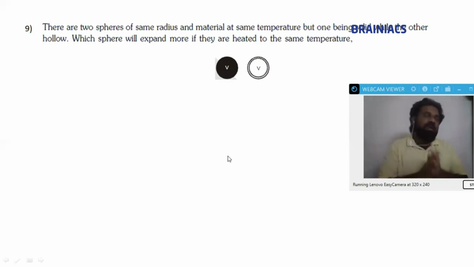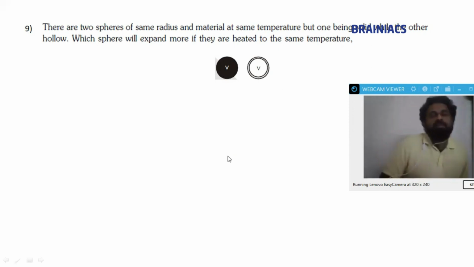But if they are the same material, the confusion is whether they will expand equally in every dimension or one will be more. That is the question. So what is the answer for this? You should also have an answer.